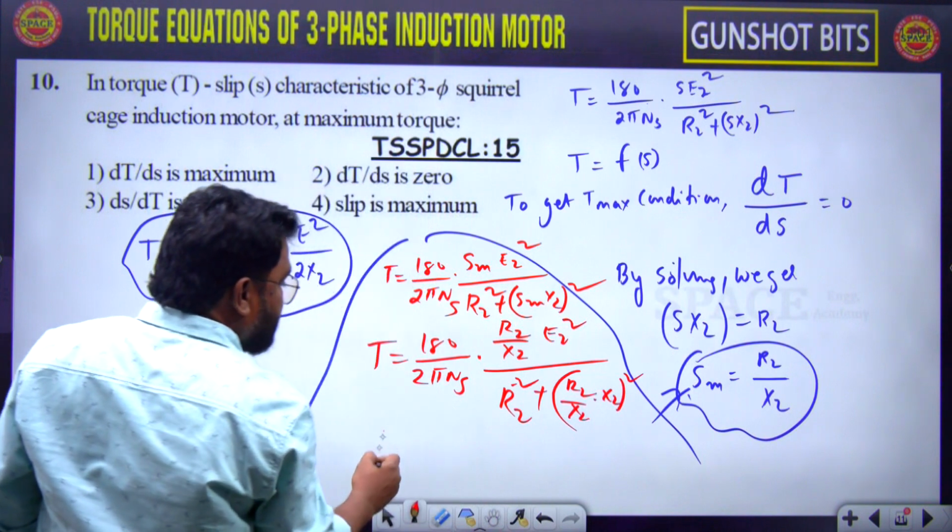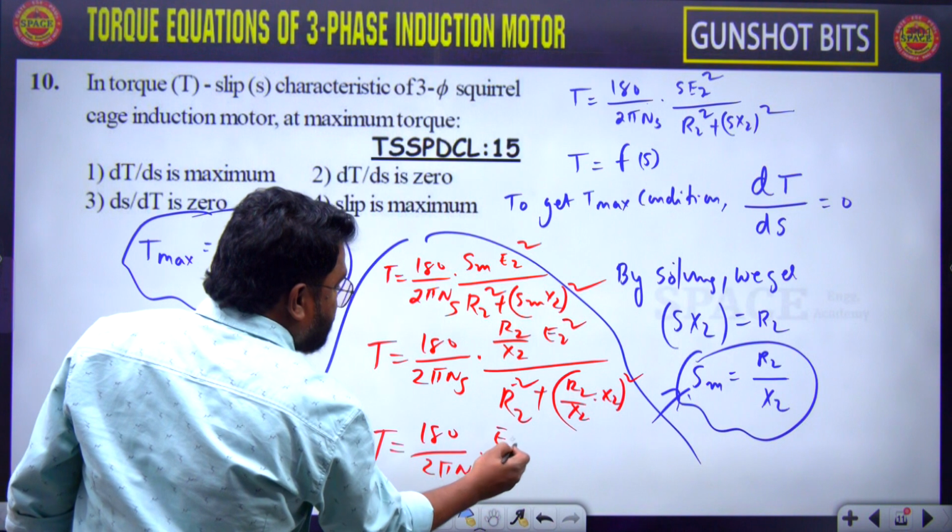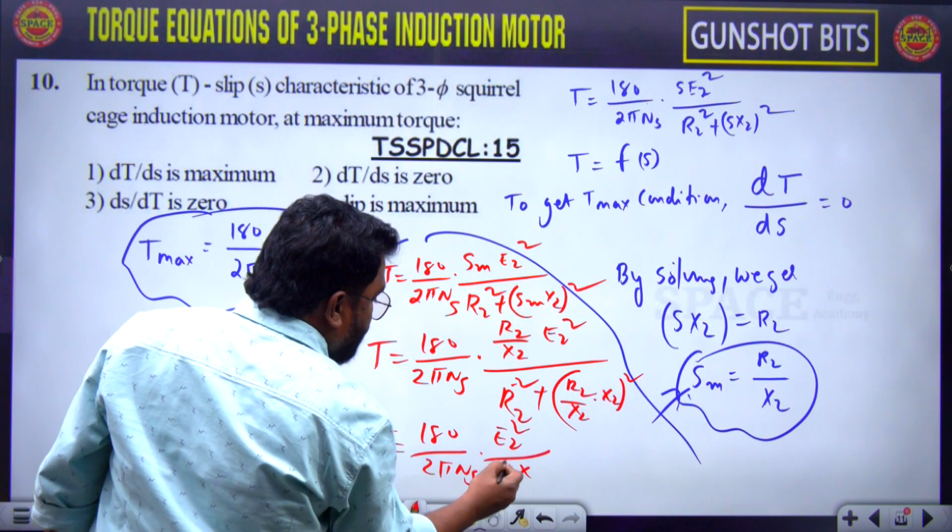Now simplify this. We will get 180 by 2 pi ns into E2 square divided by 2x2.